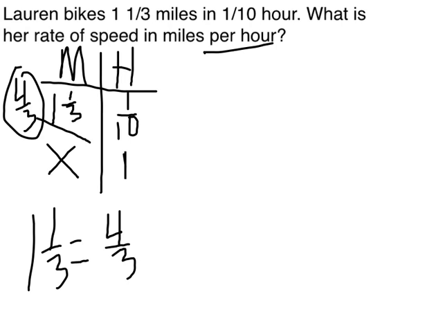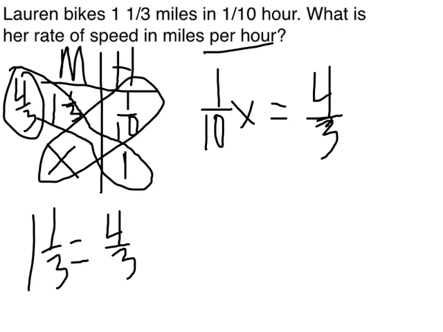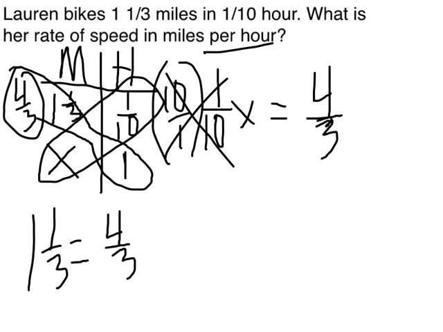Now, cross multiply. 1/10 times X is 1/10 X, and 4/3 times 1 is just 4/3. Now I'm going to go ahead and multiply by the reciprocal of 1/10, which is 10 over 1. This will cancel out. Do that on both sides.